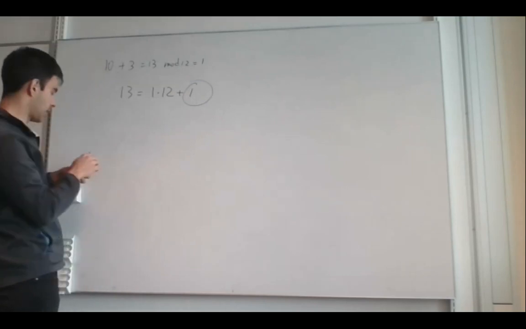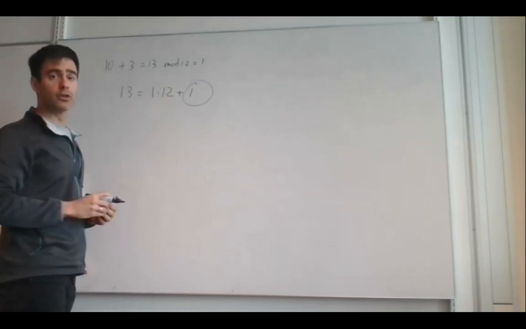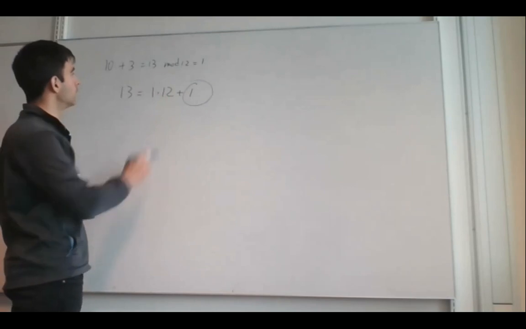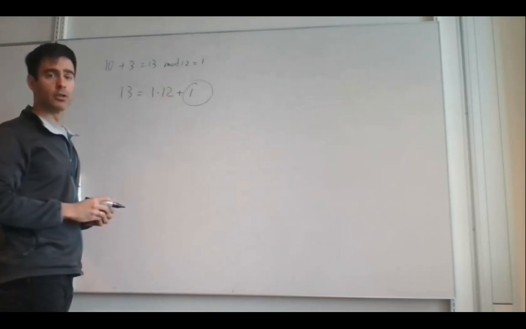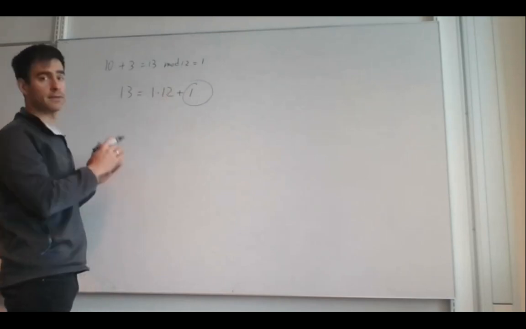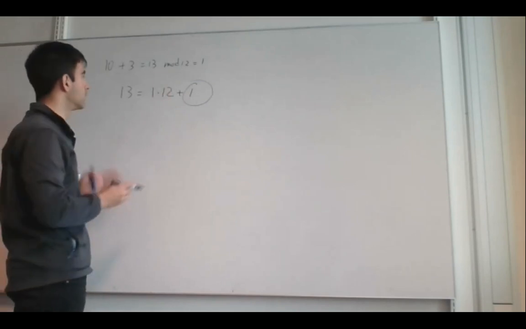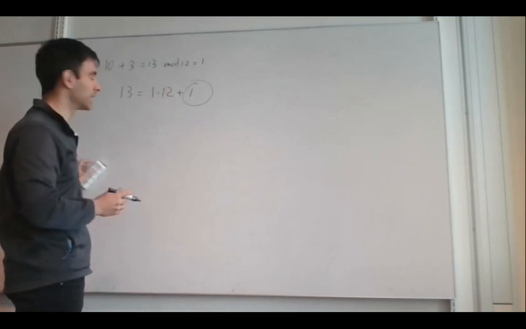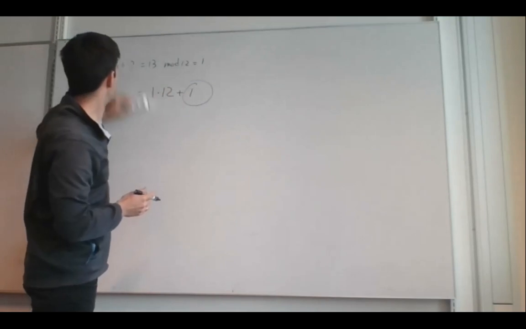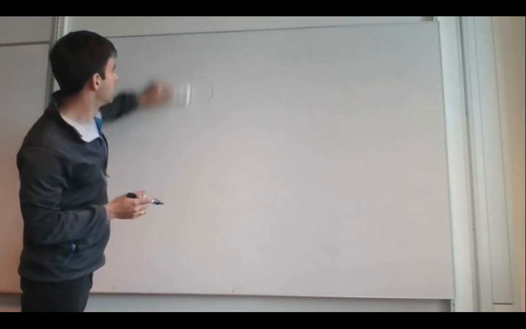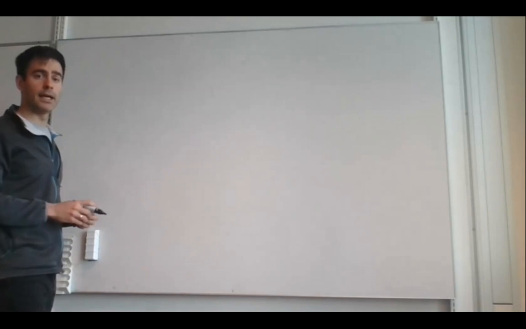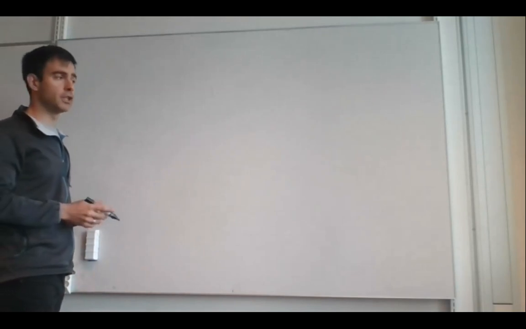So often we also say that 13 and 1 are congruent modulo 12. And when we do long computation with modular arithmetic, we usually just write the modulo once, because otherwise it's just boring. Another interesting thing to know about modular arithmetic is that you can do a lot of the regular operations you're used to.